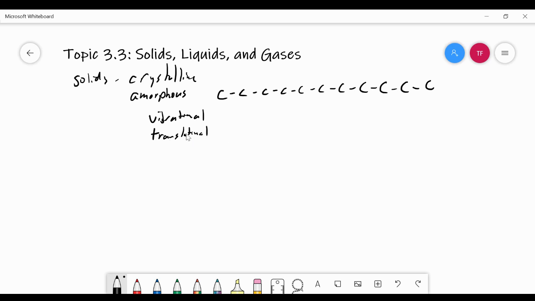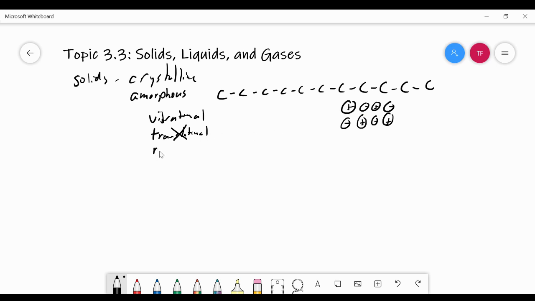And in solids, you have no translational movement because the particles are not able to move past one another. Again, if you think about an ionic compound, this is real easy to figure out. If these ions are locked into place, they can't move past one another. So no translational movement, but they can vibrate due to the thermal energy that they have.